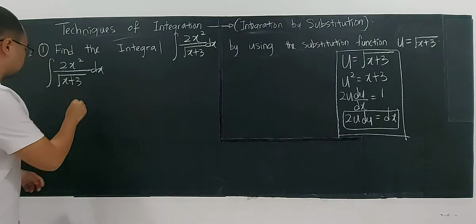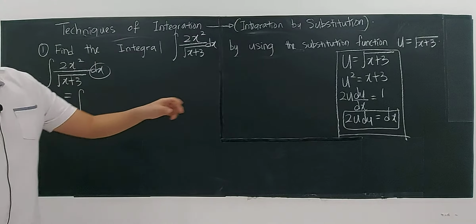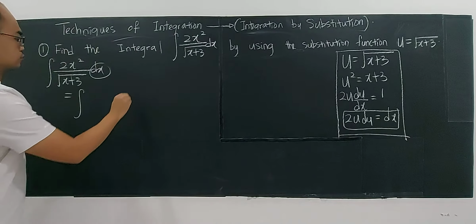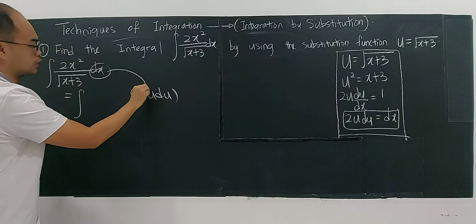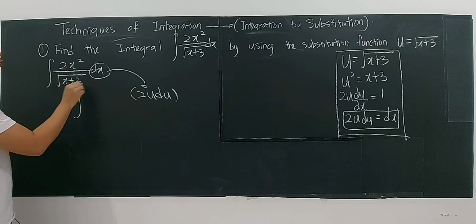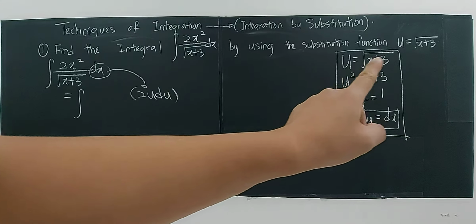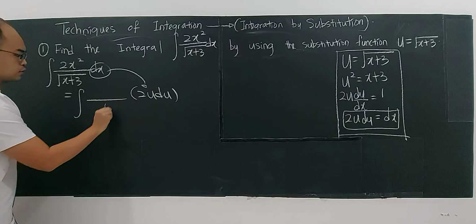Okay, so I will apply dx first, as dx can be replaced by 2u du. And for the square root of x plus 3, it can be replaced by u.